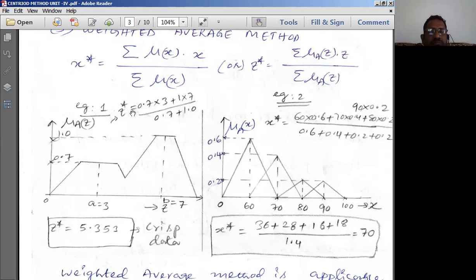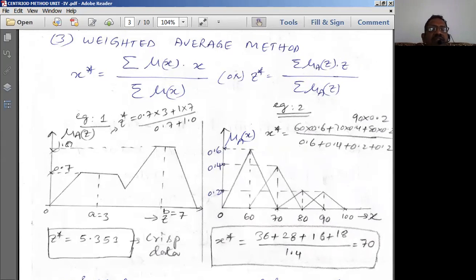That means where the maximum weight is there for this subset, we have this maximum value here. And for this subset we have maximum value 0.7. So therefore we can write this as 0.7 into 3 plus 1 into 7 by 0.7 plus 1, and the resultant is going to be Z star equal to 5.353, known as the crisp data that we have got.